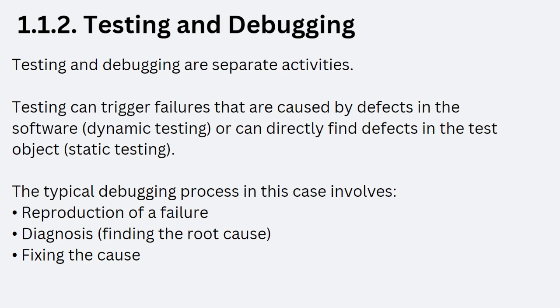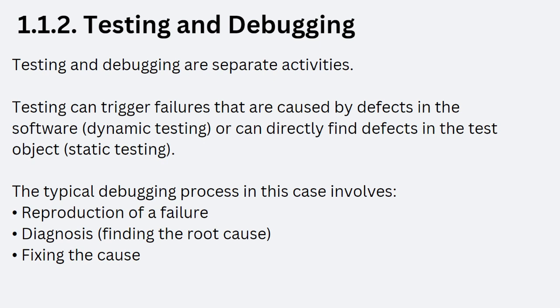The typical debugging process in this case involves reproduction of a failure, diagnosis, and fixing the cause. Testing checks whether the fixes resolve the problem, while debugging reproduces a failure and finds the root cause.